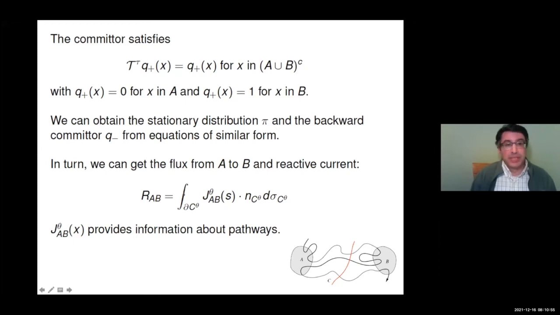Moreover, we can break that flux, which is tantamount to the rate, down into currents through different regions of space. And those tell us about the pathways that are contributing to the reaction. So these are the kinds of statistics and equations that we want to solve.